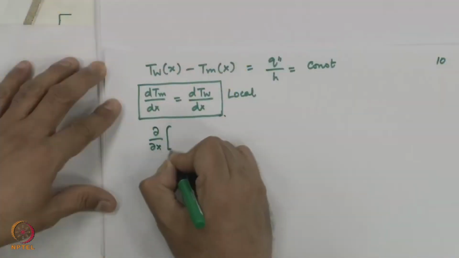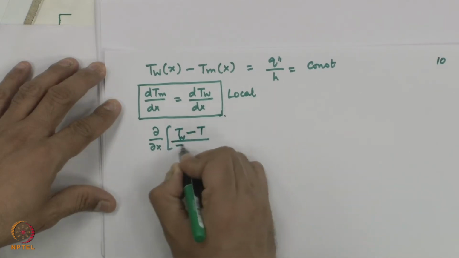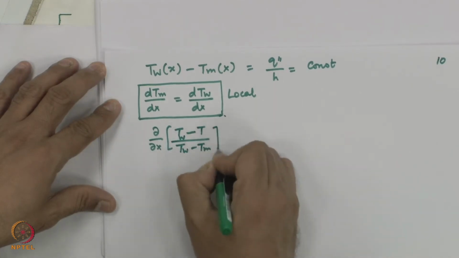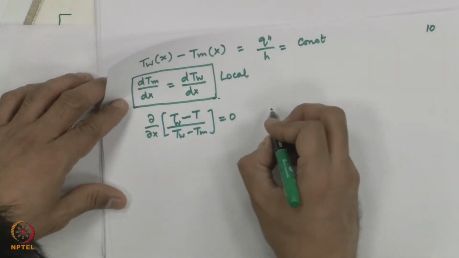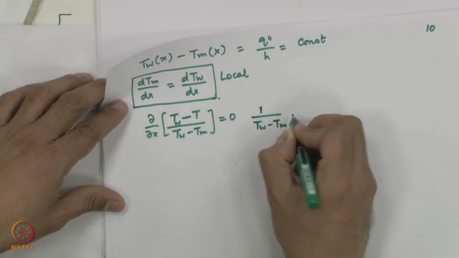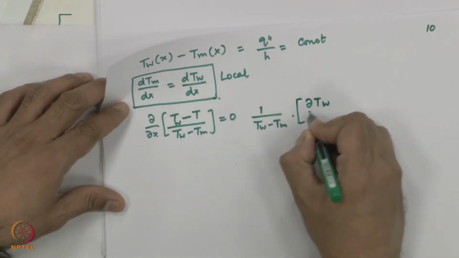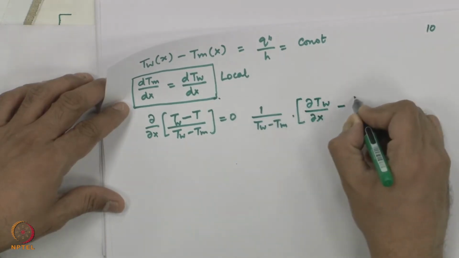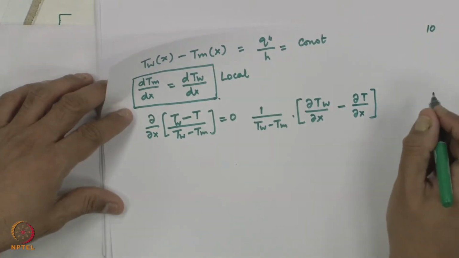So, now let us go back to our definition of fully developed. d by dx of T wall minus T local divided by T wall minus T bulk mean was equal to 0. This is nothing but 1 over T wall minus T bulk mean, times dTw by dx minus dT by dx, correct.